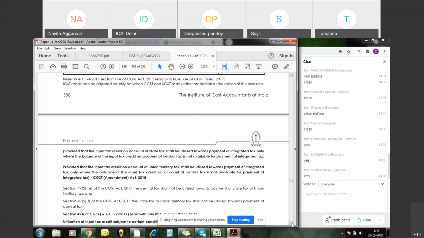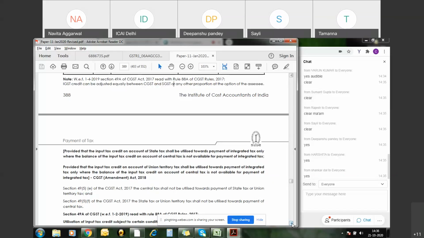Now, in the earlier rules, I'm reading these two broad lines, the first one and the second one. Provided that the input tax credit on account of state tax shall be utilized towards the payment of integrated tax only, whereas the balance of the input tax credit on account of central tax is not available for the payment of integrated tax.